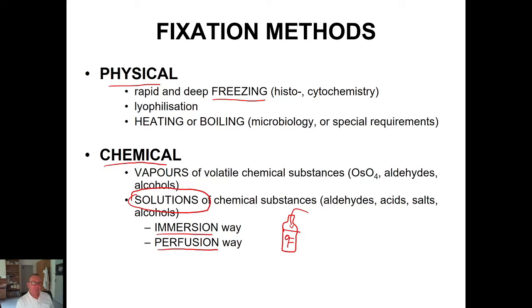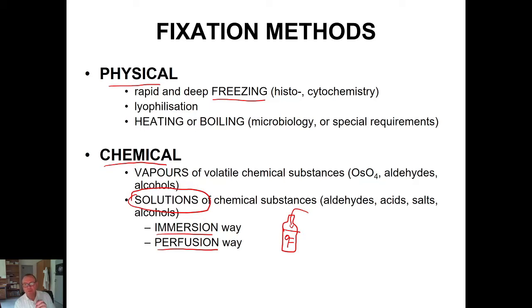Perfusion is a much more sophisticated method of fixation, which has a big advantage: the tissue block, the tissue piece, is fixed all together. There aren't any differences between fixation of the surface and the central part of the specimen, because it's based on injection of the solution into the vascular system of our specimen.